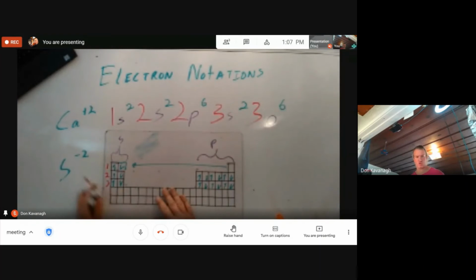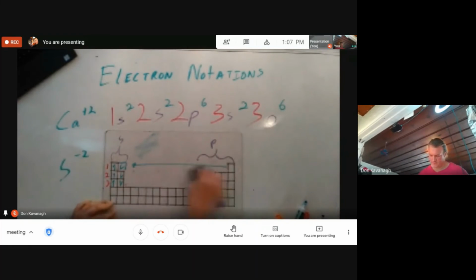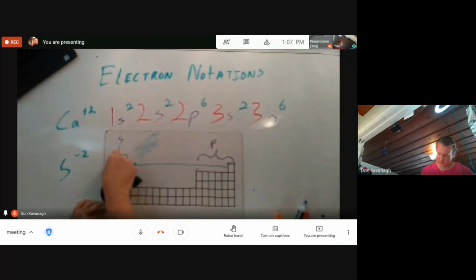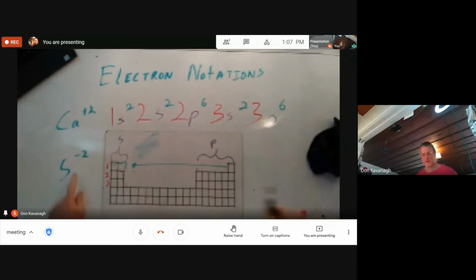Let's do the same thing for sulfur with a negative charge. I'm going to erase my electrons here. So anything that has a negative charge must have gained electrons. Let's draw in sulfur neutral and then add those electrons.